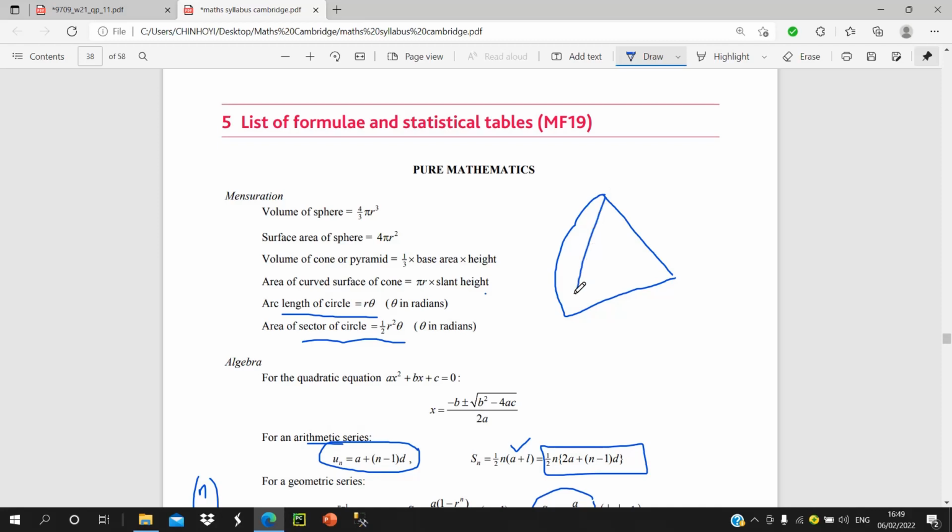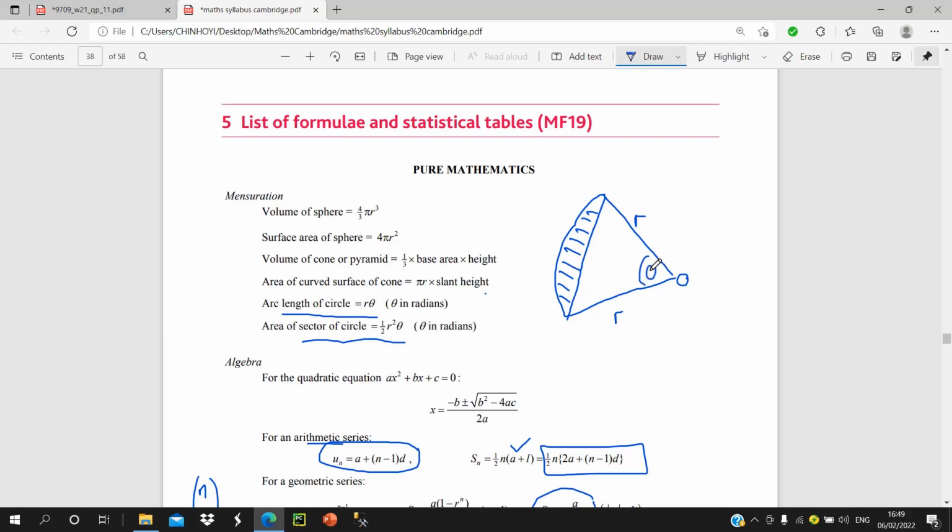A segment is a region between the chord and the arc of a circle. This is the segment. Suppose this one is the origin, the center of the circle, with radius r here and radius r here. Then we have the angle theta here.